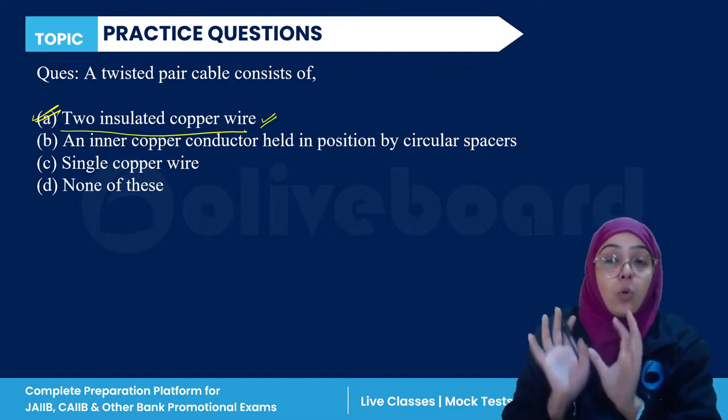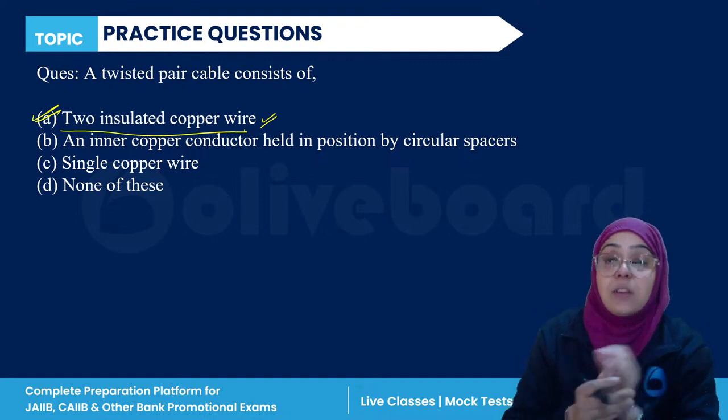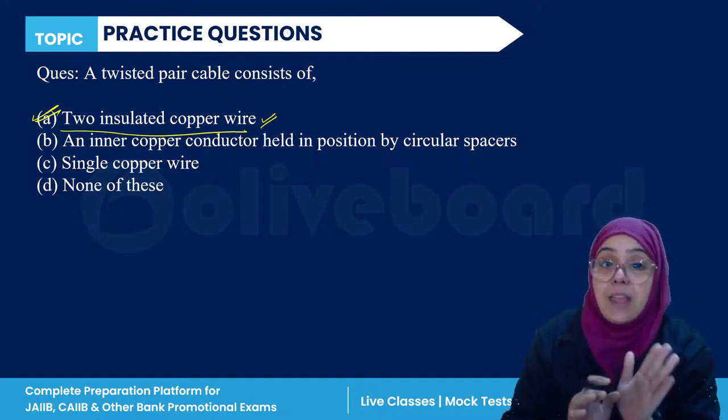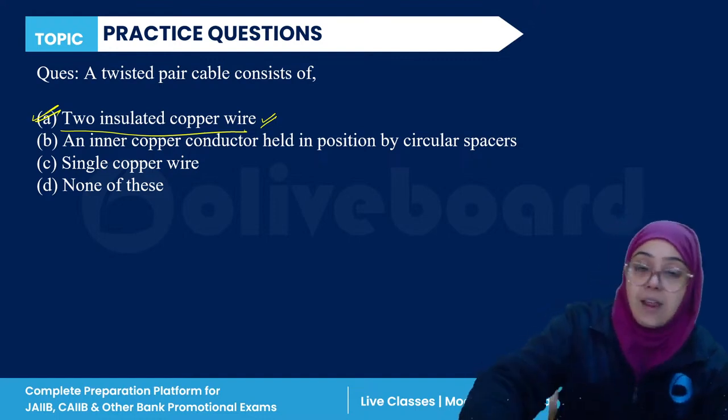I have told you this in the class in the chapter. I don't remember the name, but yes, a twisted pair cable, coaxial cable, they actually have two insulated copper wires. So A is the correct answer.